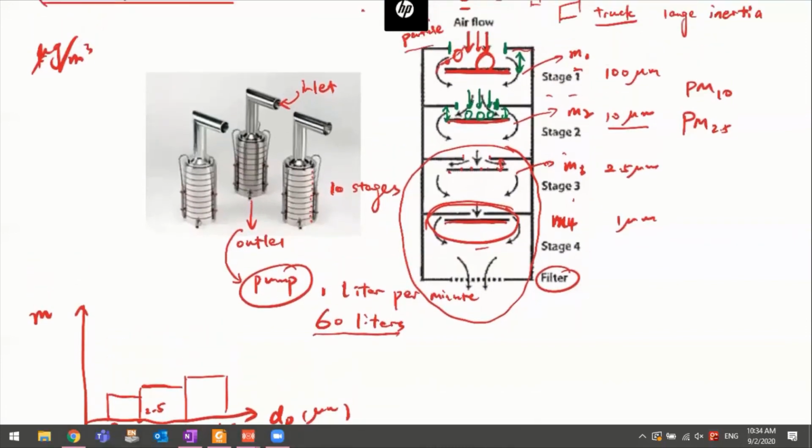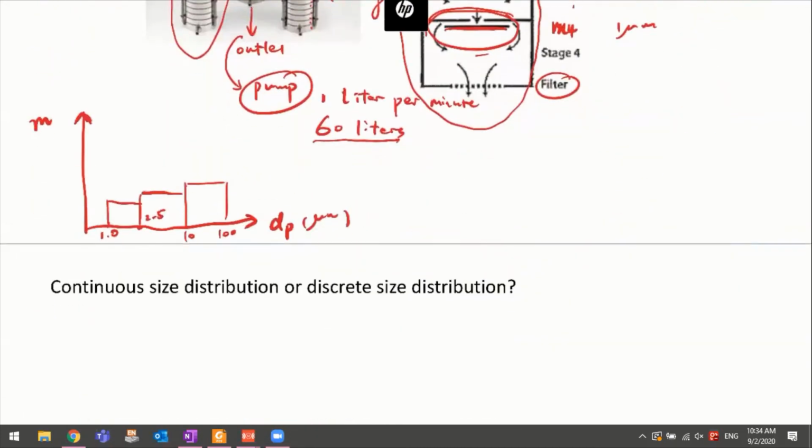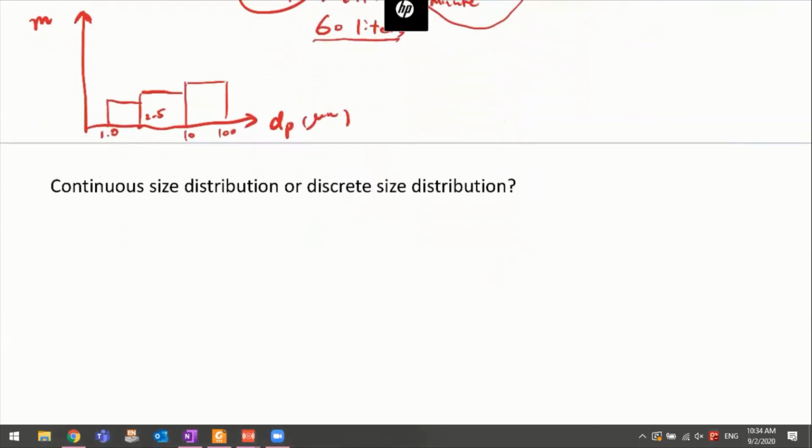So basically, we can make this plot here to show how the size distribution looks. And of course, we're just talking about a 4-stage impactor. But in general, people will use more than 4 stages, maybe 10, or sometimes even 20 or 30 stages, right?